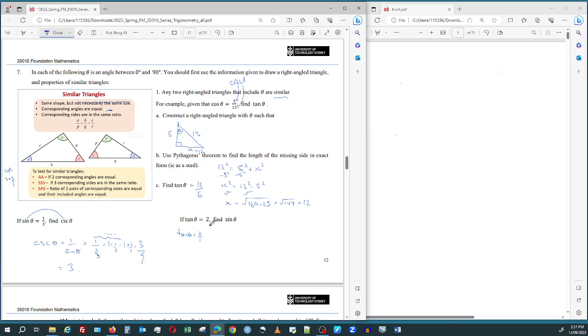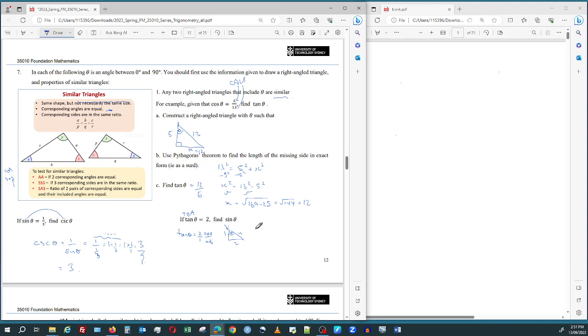Now tan is TOA, opposite over adjacent. Okay, so when we do our triangle, what we'll have is an unknown. Right, TOA, opposite over adjacent, unknown.